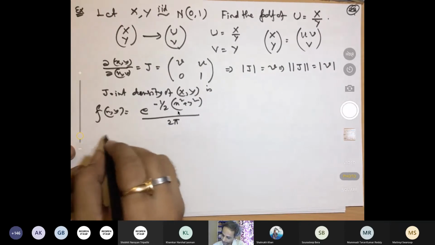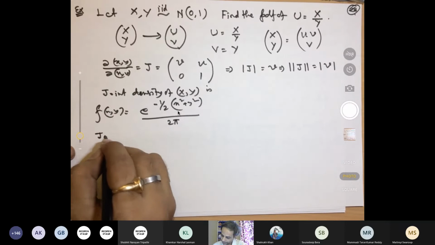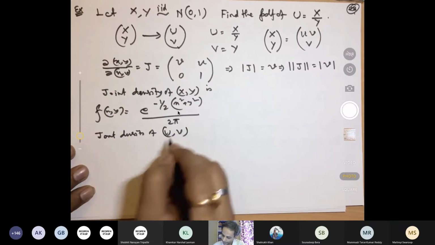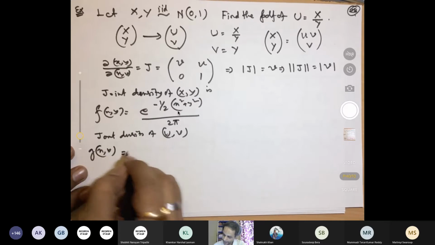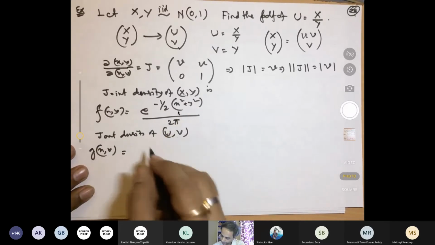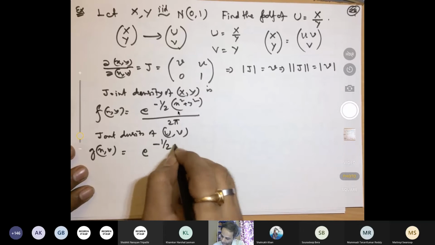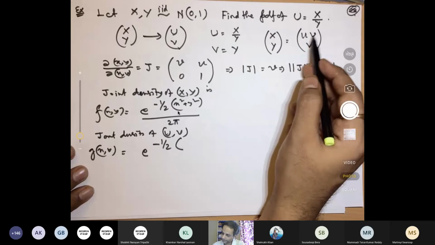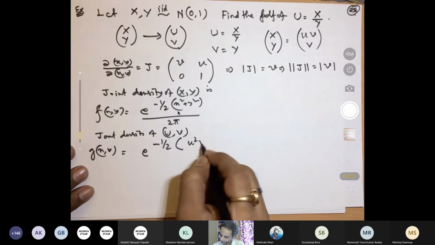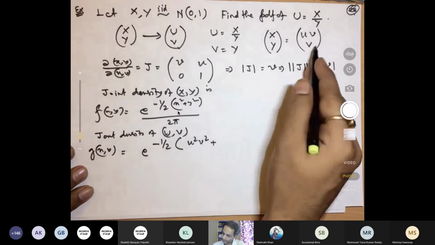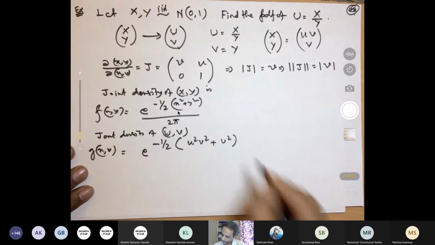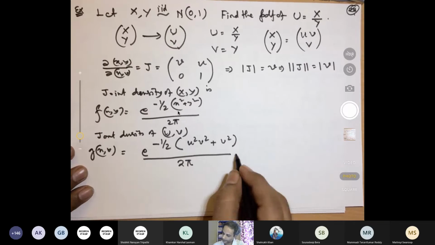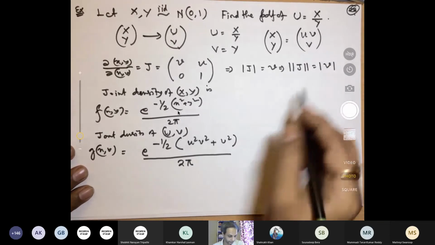Then the joint density of uv, say g(u,v): here I need to plug in e to the power minus half, x square means u square v square, plus y square, which means v square, whole divided by 2 pi, times the Jacobian mod of v.